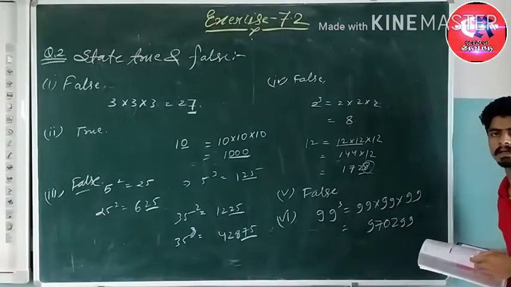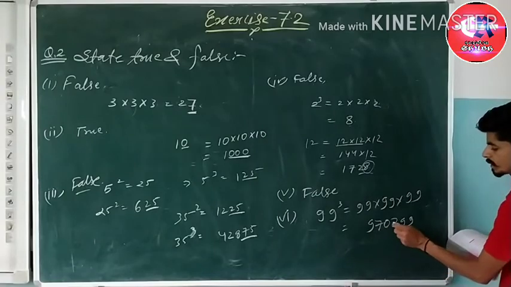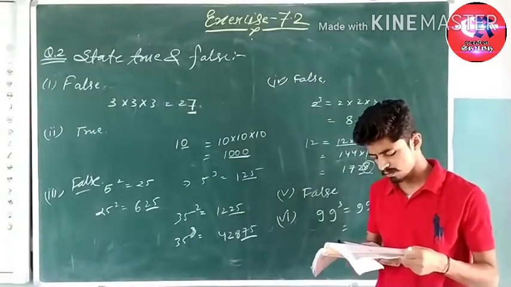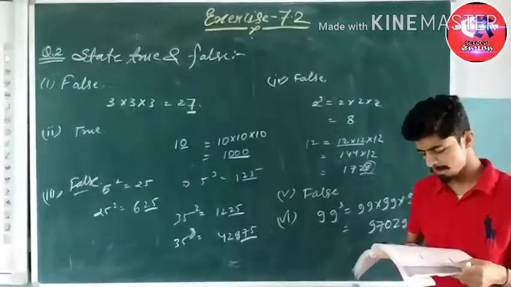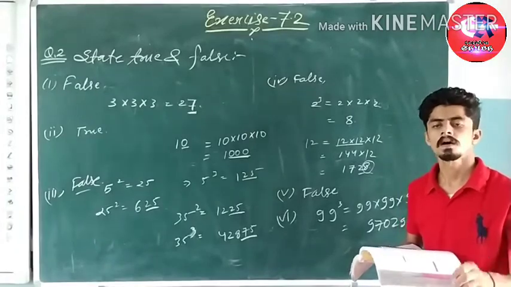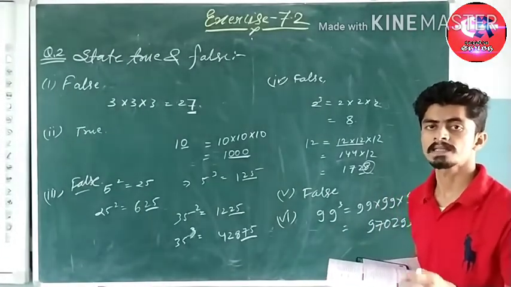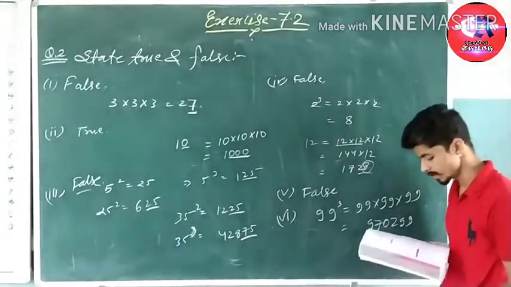This is the cube of the largest 2-digit number, and here we can see 1 2 3 4 5 6, only 6 digits are there. So this sentence is also false. The cube of a 2-digit number does not have 7 or more digits. It has only 6 digits maximum, because the largest 2-digit number is 99.